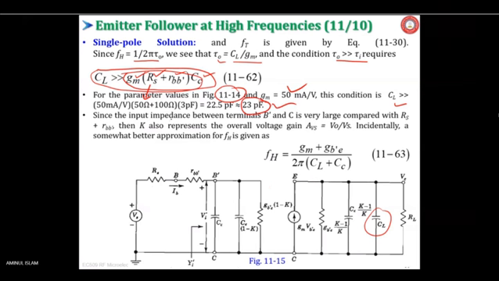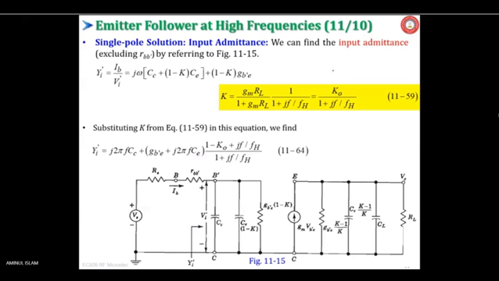And since the input impedance between terminals B' and C is very large compared with Rs plus rbb', k also represents the overall voltage gain, Vo by Vs. Incidentally, a somewhat better approximation for fh is given as this: fh equals gm plus gmb'e divided by 2 pi (Cl plus Cc).